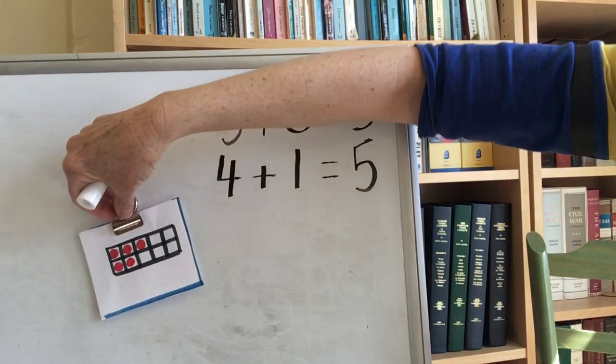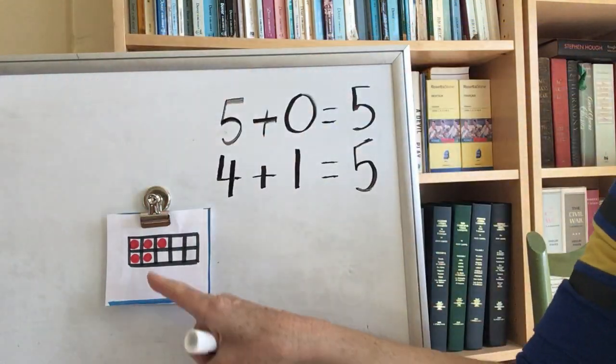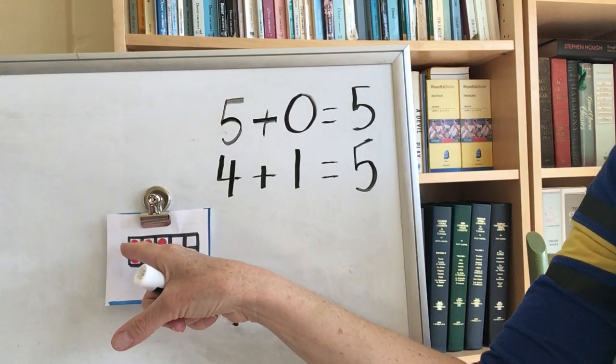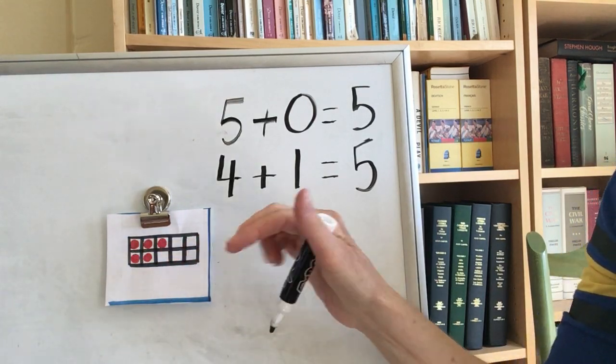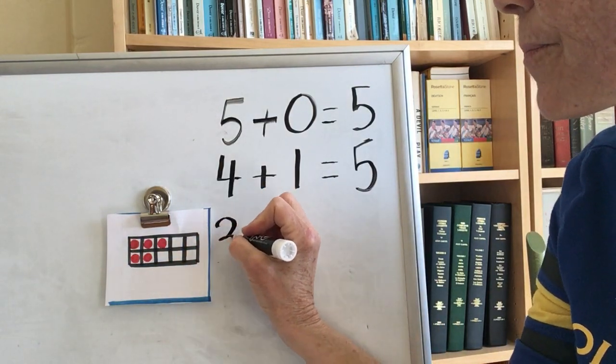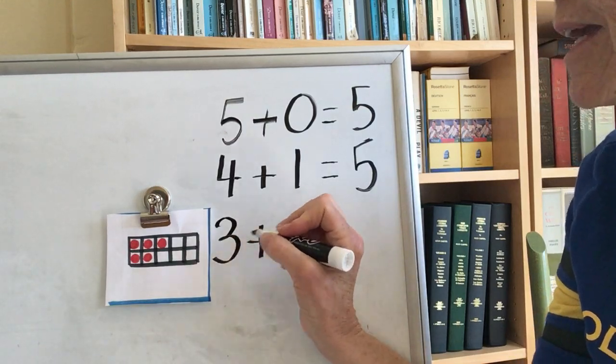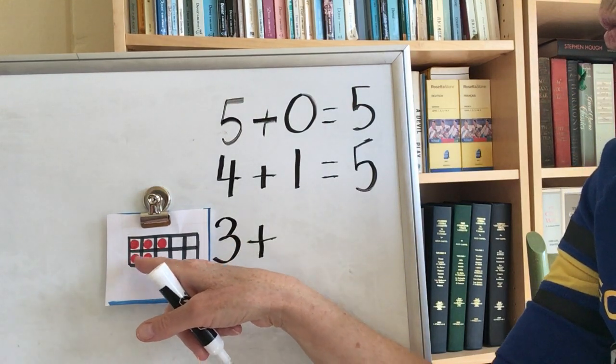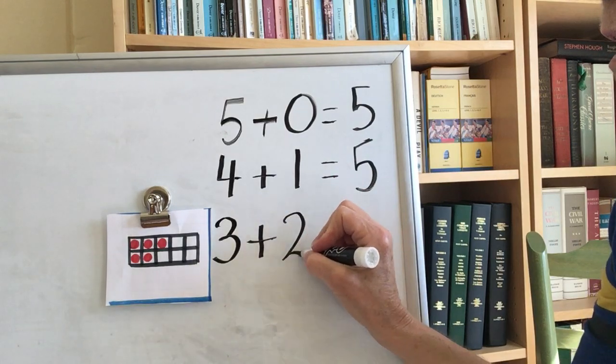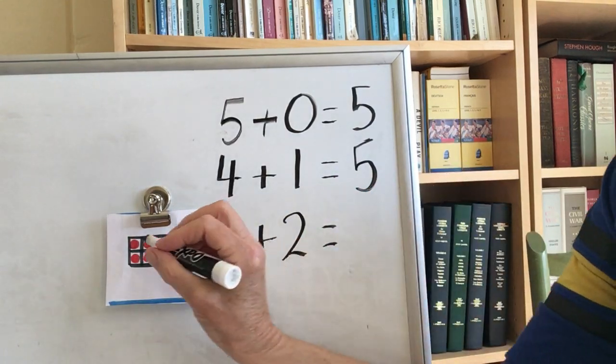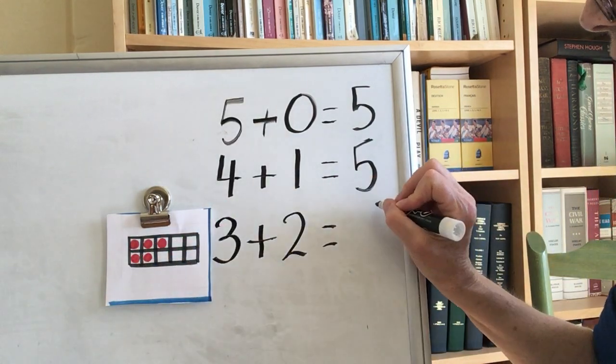Next 10 frame. Okay, on the top row we have 1, 2, 3 red dots. Plus, how many red dots on the bottom row? 1, 2, equals 1, 2, 3, 4, 5.